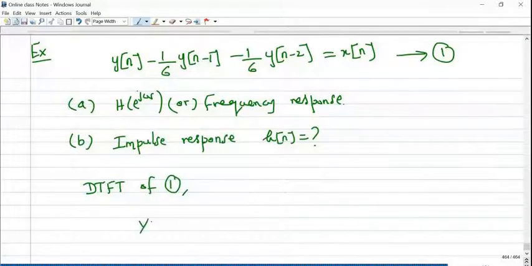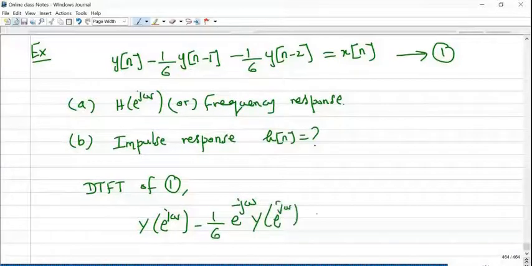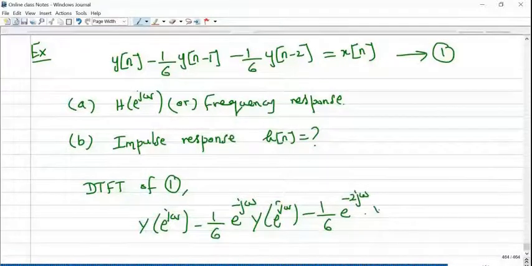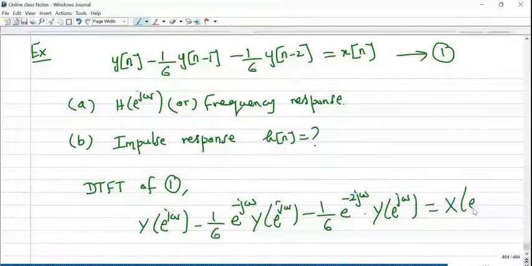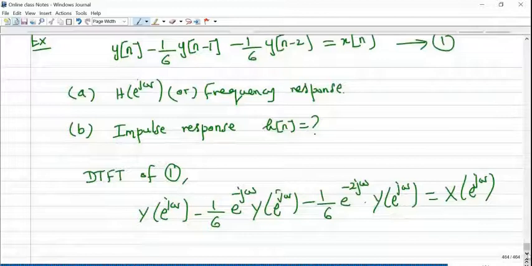Y of n becomes Y of e power j omega, minus 1 by 6 y of n minus 1 becomes e power minus j omega Y of e power j omega, minus 1 by 6 y of n minus 2 becomes e power minus 2 j omega Y of e power j omega, equal to X of e power j omega. This is the DTFT of equation 1 using the time shifting property of DTFT.